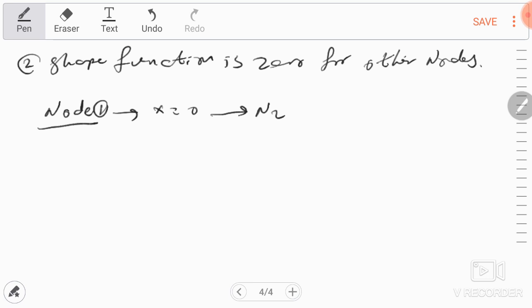Because if you substitute your value of x for node number 1, it will be 0, so there is no need to substitute your value in node number 1.